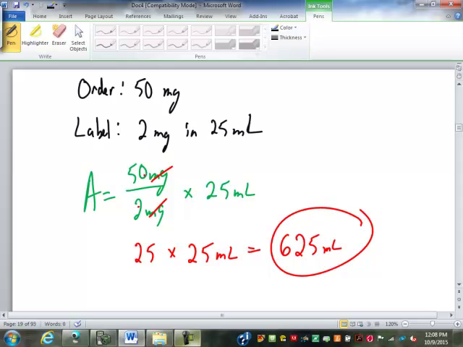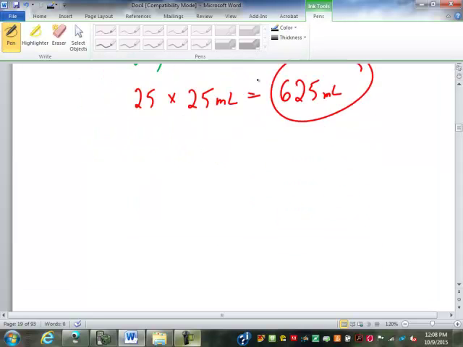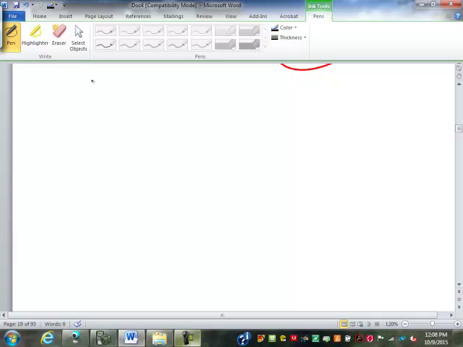Now, this all works backwards as well. Let's say that the label says the concentration is 3 milligrams in 5 milliliters.